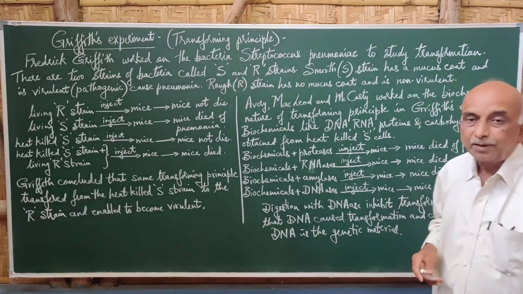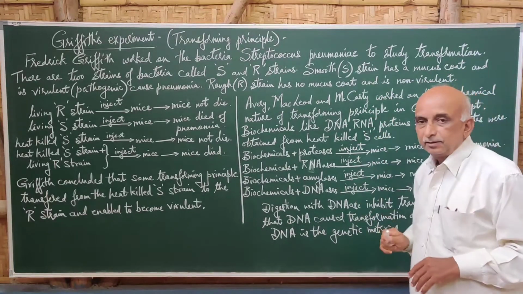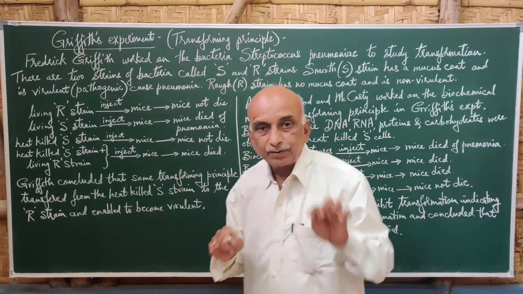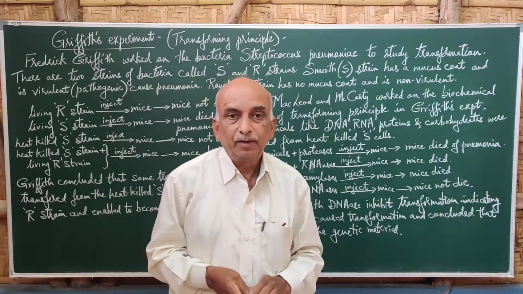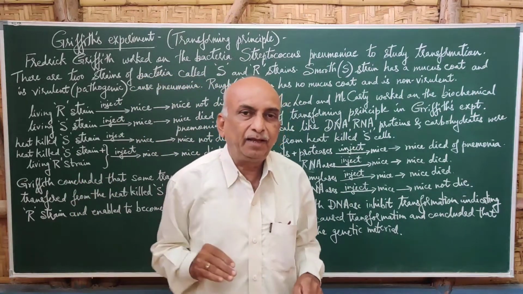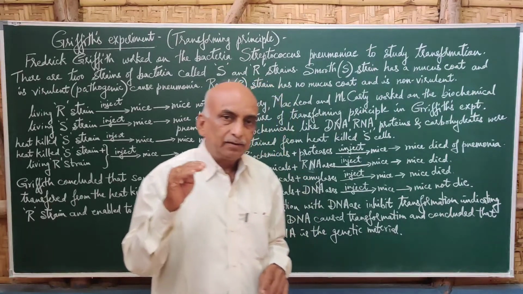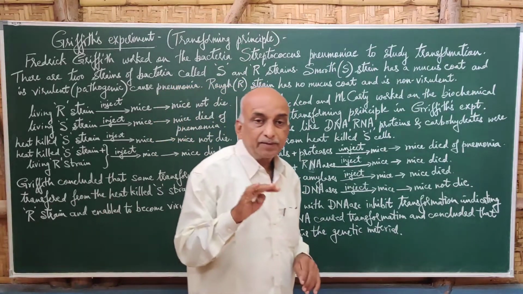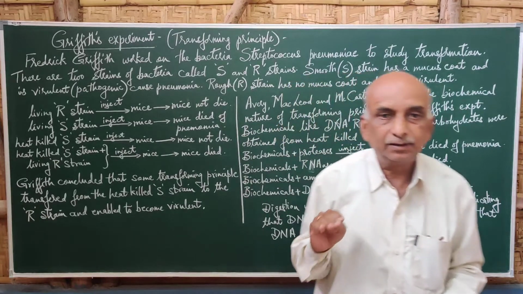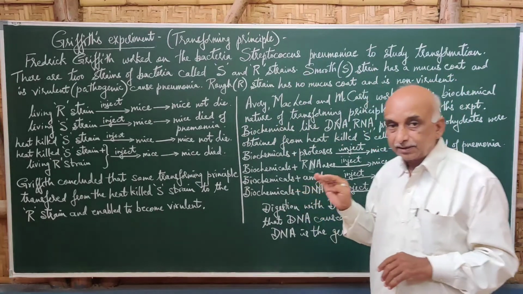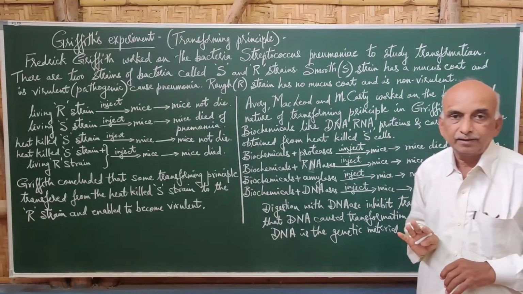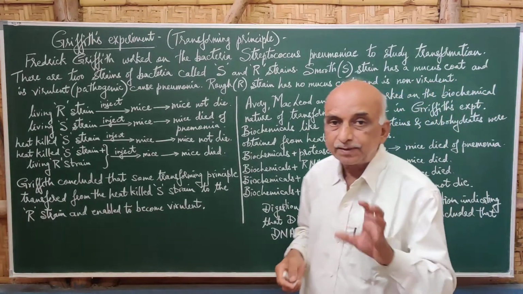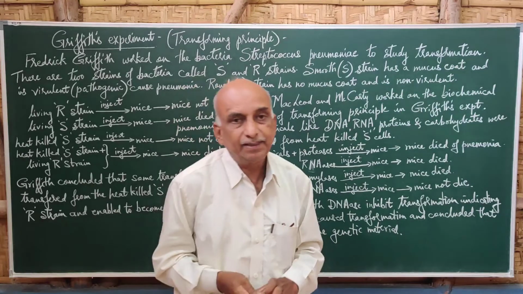In the case of S strain, there is a mucus layer, a slimy layer, that appears smooth in nature, hence it is called smooth strain due to the presence of the mucus coat, which is slimy in nature.